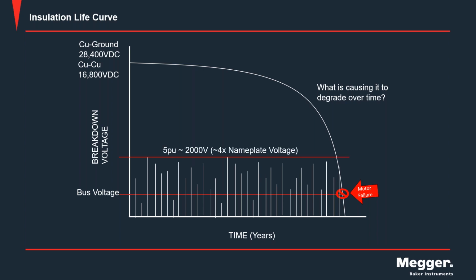At that point, that's where we're going to set our test voltages and our parameters. So for step 3 of the previous slide, we're putting our magnifying glass right here, setting our test voltages here so that we can catch it as that motor falls into the arcing voltages that it sees during startup. So it gives us a heads up that this motor is in trouble and we need to take action.